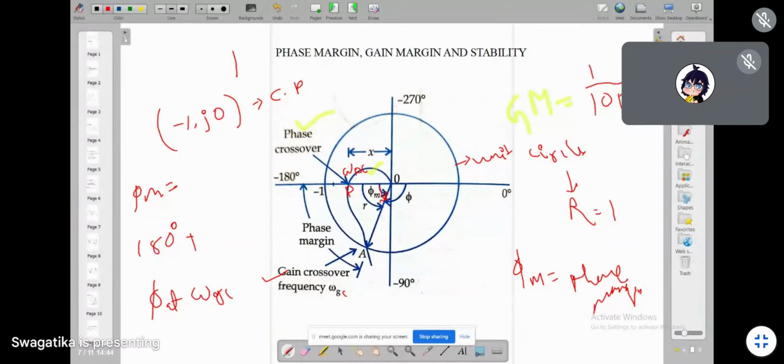At gain crossover frequency, 180 degrees plus phase at omega GC.